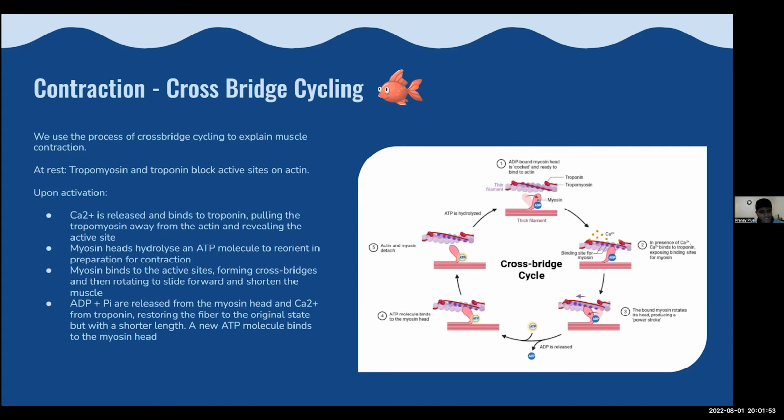So what happens then is the myosin heads, and you can follow this in the image. The first thing I've described is step 2, and then you go to step 3. Basically myosin heads hydrolyze an ATP molecule to reorient in preparation for contraction. I think it's described as being cocked back. So the myosin head rotates forward, okay?